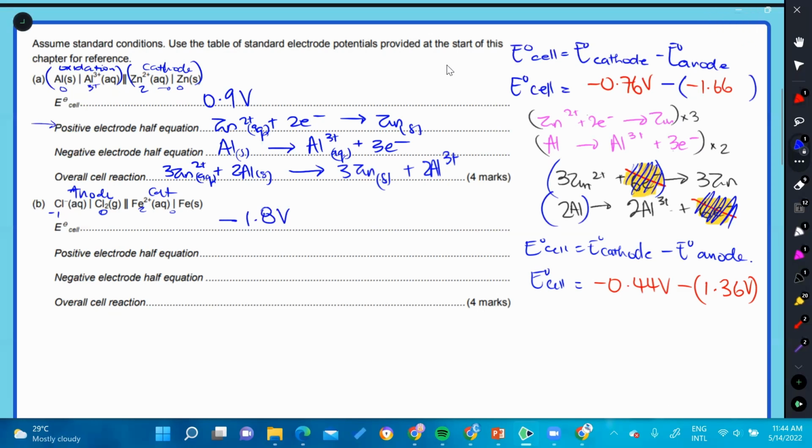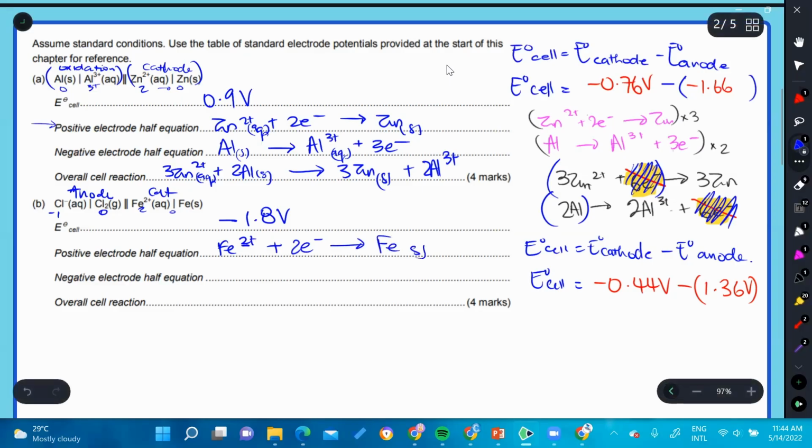And now the positive electrode half equation: the positive electrode would be your cathode. So this would be Fe2+ plus 2 electrons. It's easier if you just look at the charge on the ion, and that would give you Fe solid.